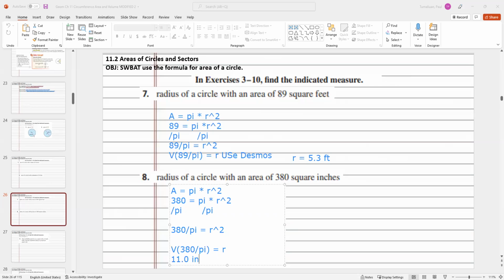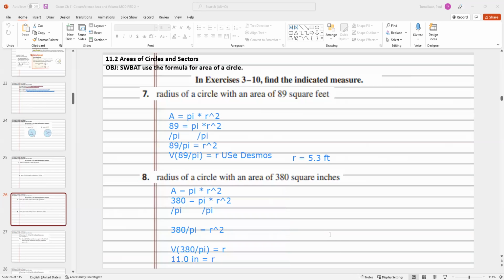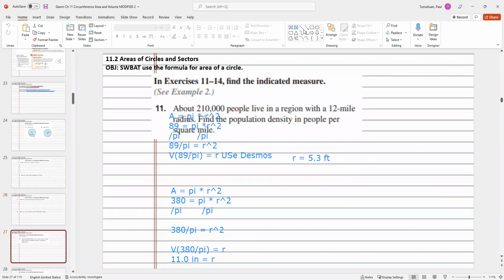Oh, and inches, get rid of that squared because it's not the area anymore. And there you go. r equals 11.0 inches. All right, questions? Make sure to ask later or ask the substitute.